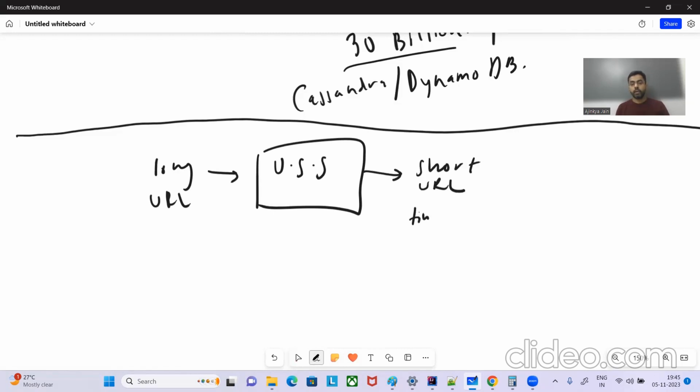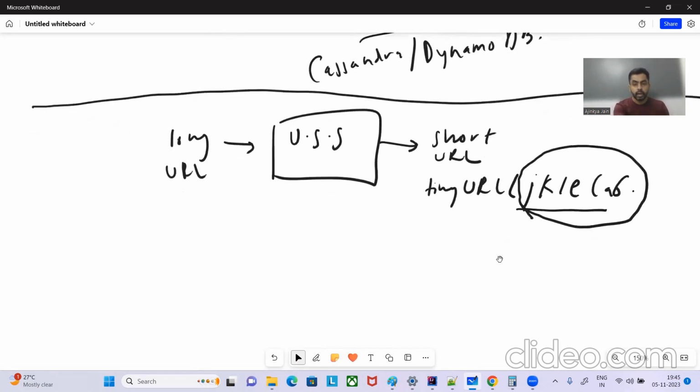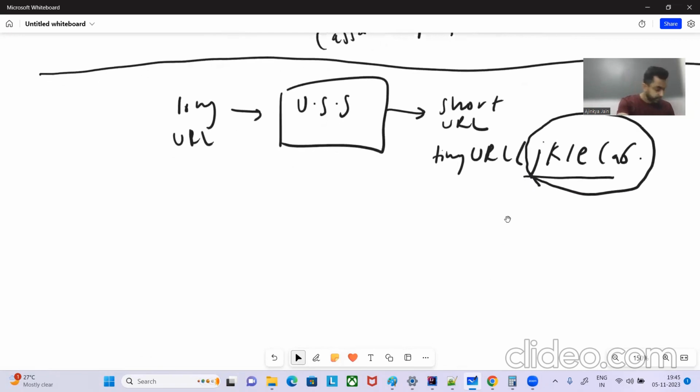As we saw with TinyURL, the short key was something like JKL, ECA, 6 characters. So how are we going to generate this unique identifier for each URL? This would be the main heart. How are we going to generate this key? We'll discuss this first.